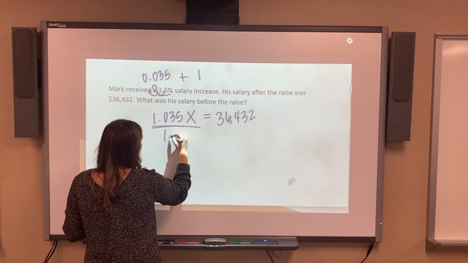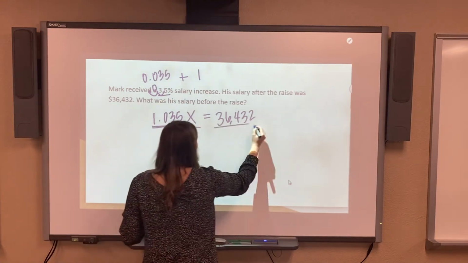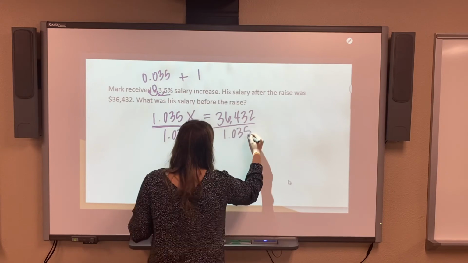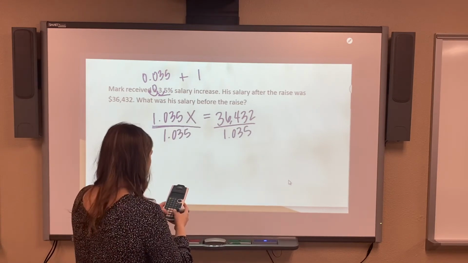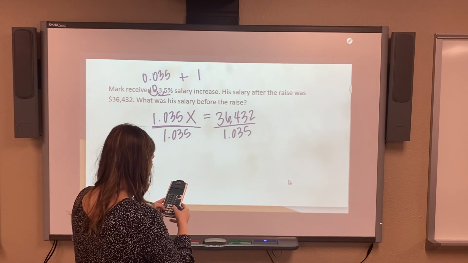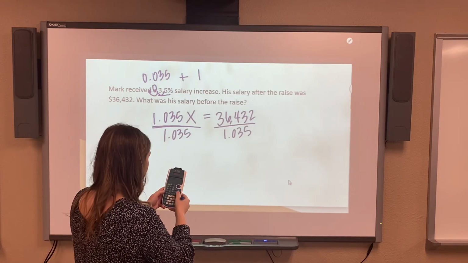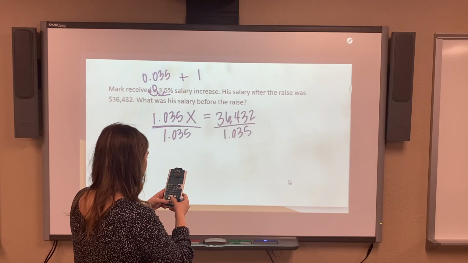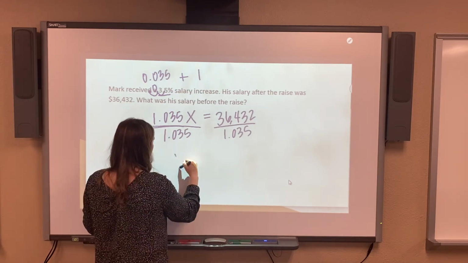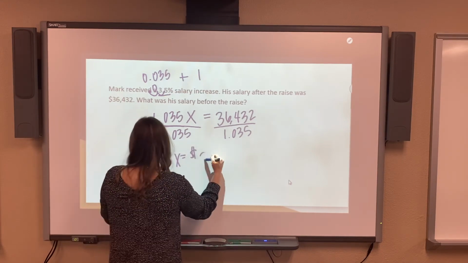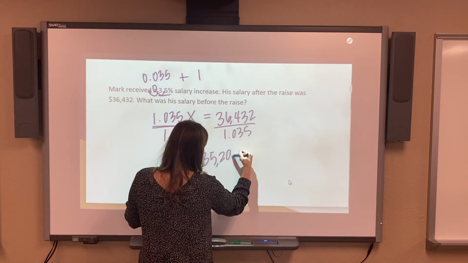Divide by 1.035 on both sides. So it's 36,432 divided by 1.035, and we get x is equal to 35,200.